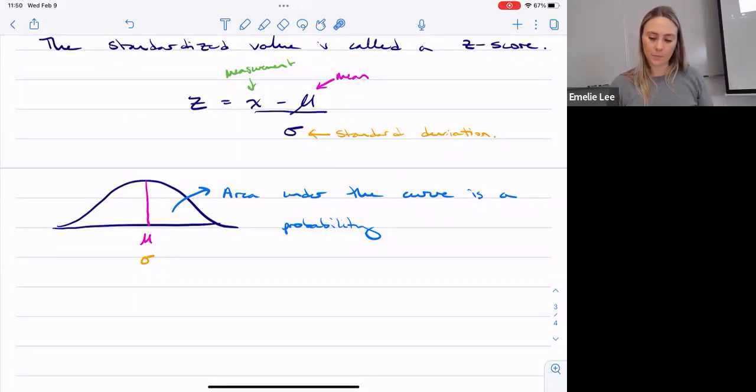And so all we need to know is that the area under the curve is a probability. So then I can use this area and I can find probabilities. And that's pretty cool, right? So here, if I have lots of area under the curve, then the probability is high that those values would fall somewhere in this range around the mean, which makes sense, right?